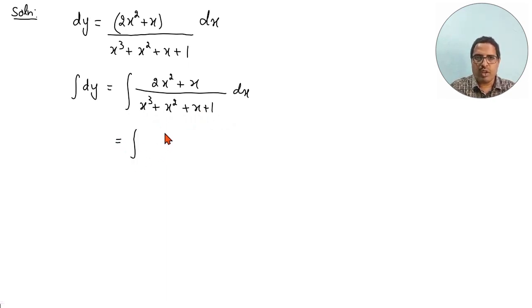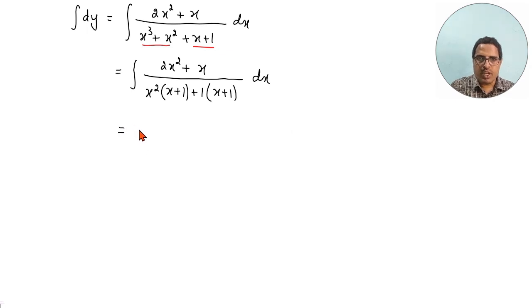So we have integral of 2x square plus x divided by, in these two terms, what is common? x square is common. If you remove x square as common, what will be left out? x plus 1. Again, group the last two terms, x plus 1. What is common? Just 1 is common. You have x plus 1 times dx.